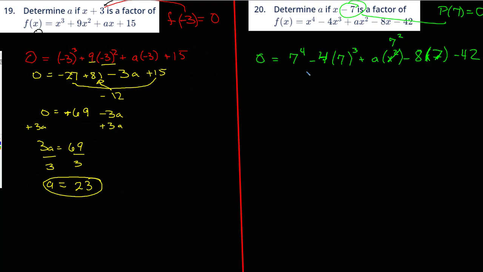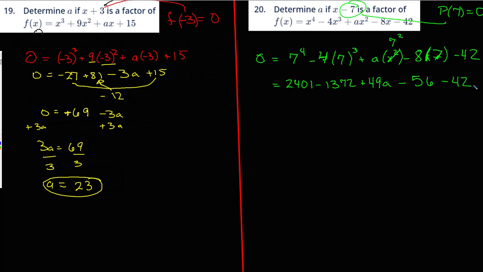So 49 times 49 is equal to 2,401. 49 times 7 is 343 times 4 is 1372, plus 49a minus 56 minus 42.